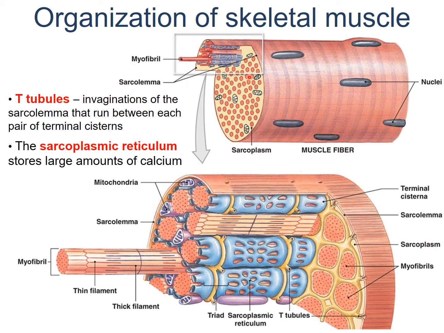In the lower part of this image, you can see that the myofibrils have been cut off along the plasma membrane, the sarcolemma. But up here in this white rectangle, they have left some of the myofibrils so you can see a little bit more detail. And it's the drawing in the white rectangle that we are now zooming in on so that we can see even more detail. So let's start with the things that we've already learned.